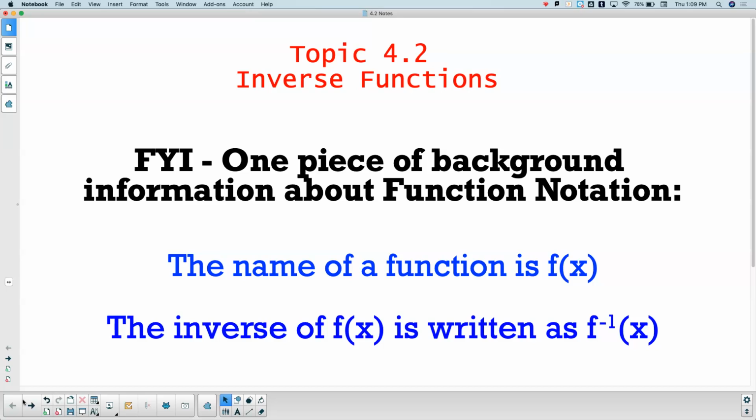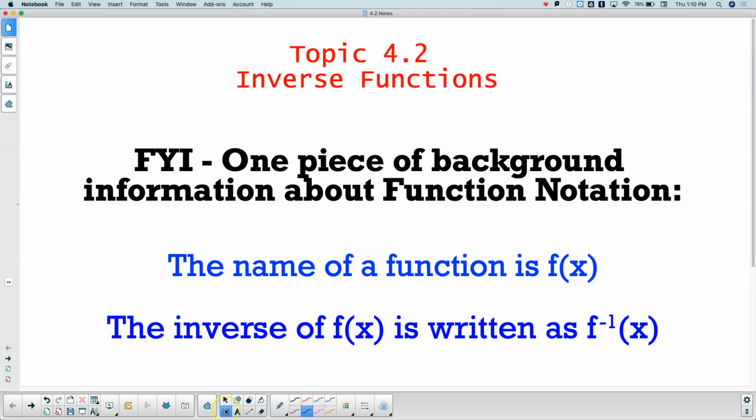All right, so one little chunk of background information about function notation. If the name of the function is f of x, or g of x, q of x, anything of x, the inverse is written in this notation.